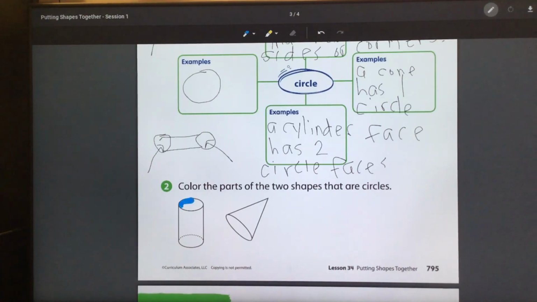So I'm going to color in this part right here, and then this part down here. Those are the two shapes that are the circle parts of the cylinder. And on the cone, that's the flat bottom part right here. That's the face of the cone. That's the circular part right there that I'm going to color in.